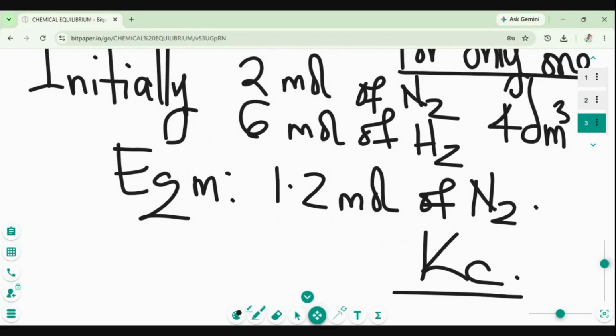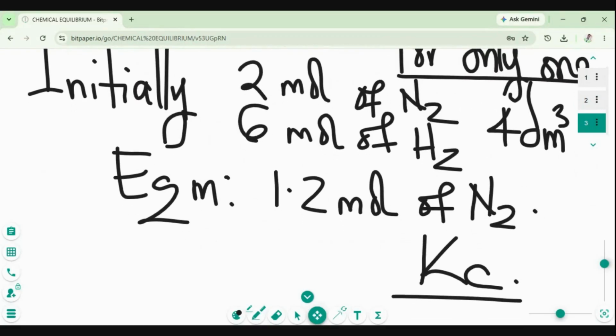Okay, a little bit back here. We have the initial moles. Case 3 is a case where you have the initial moles plus the number of moles for only one of them at equilibrium. So how do you deal with that? They're telling us that initially, the initial moles for hydrogen are 6. For nitrogen, they are 2.